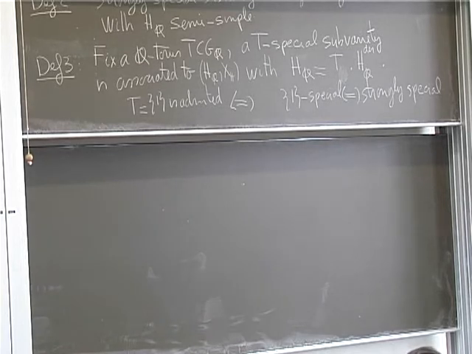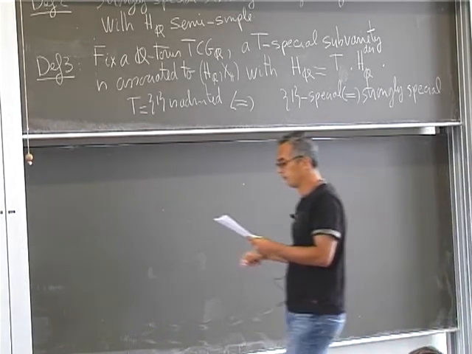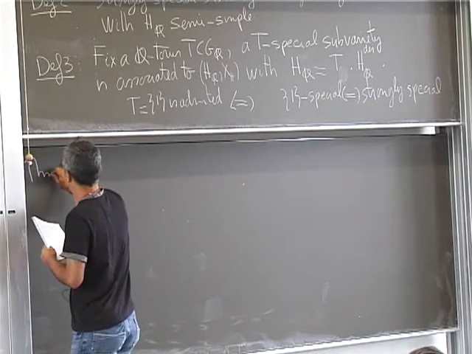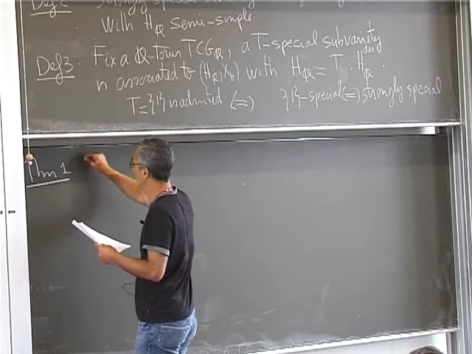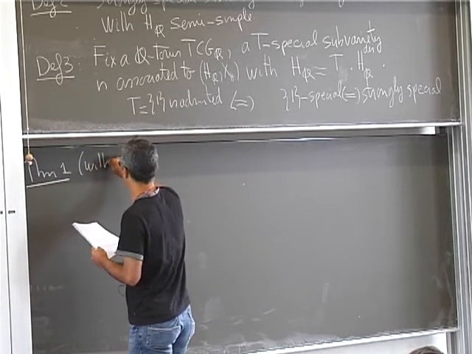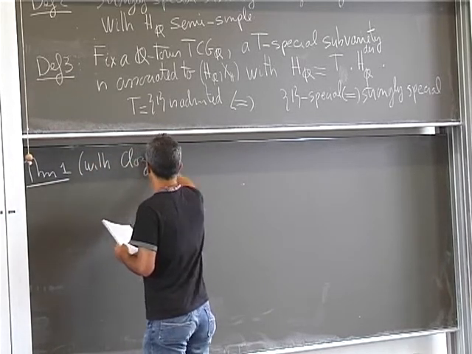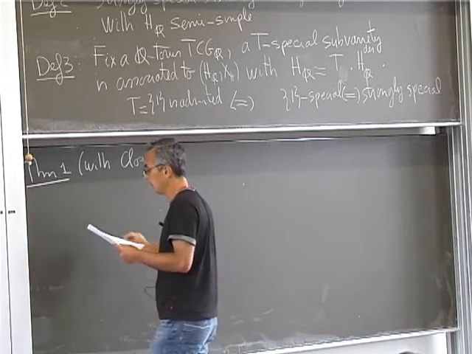Okay, so the first theorem, so it's about equidistribution and essentially with Clausel, is the following.